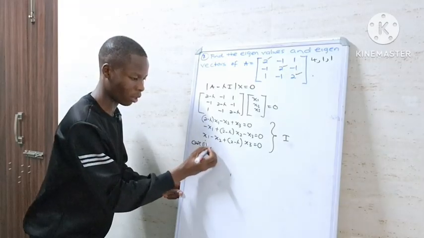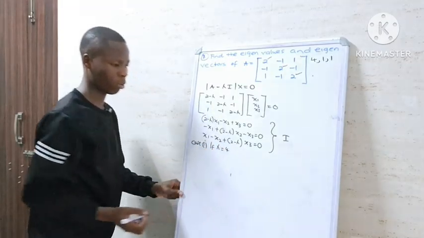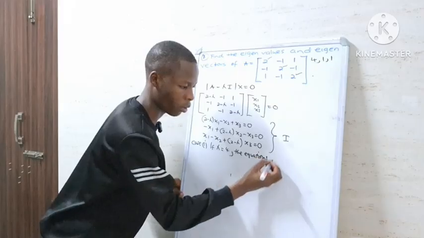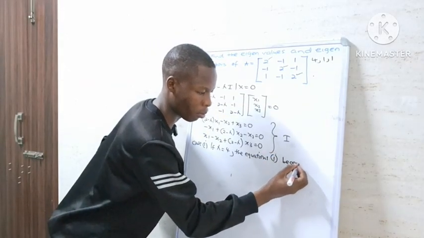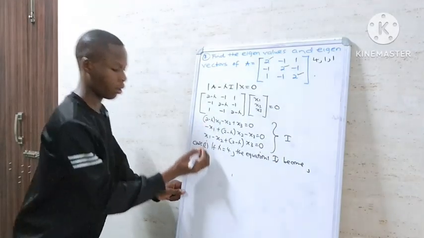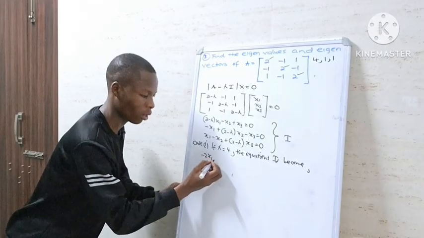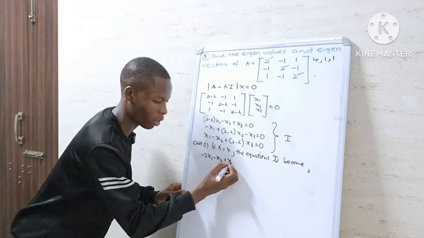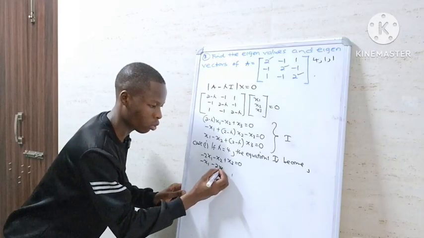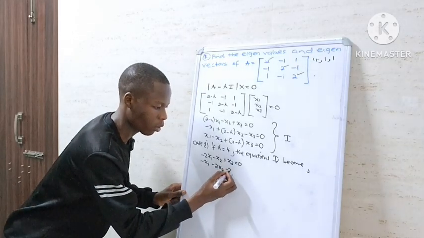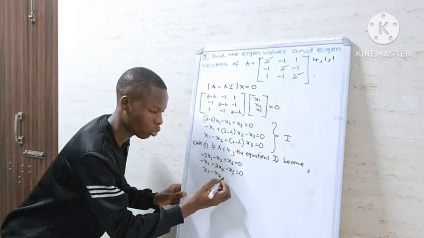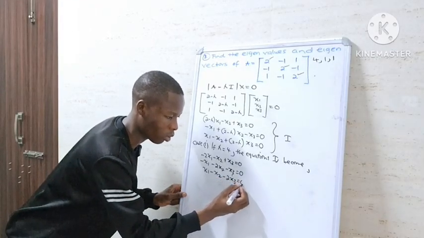Case number 1. If lambda is equal to 4, the equations in 1 become negative 2 x1 minus x2 plus x3 is equal to 0, negative x1 minus 2 x2 minus x3 is equal to 0, and x1 minus x2 minus 2 x3 is equal to 0.